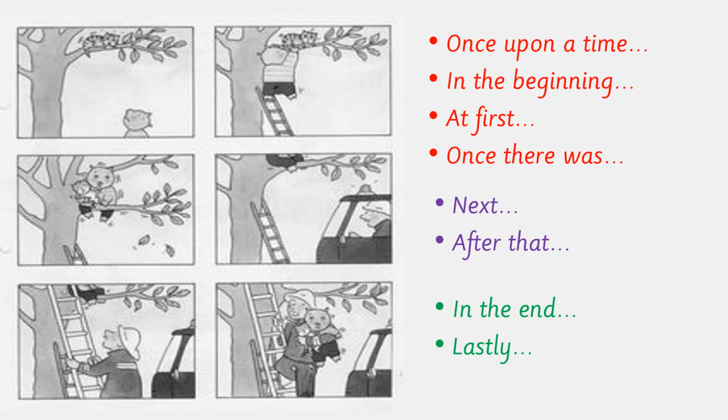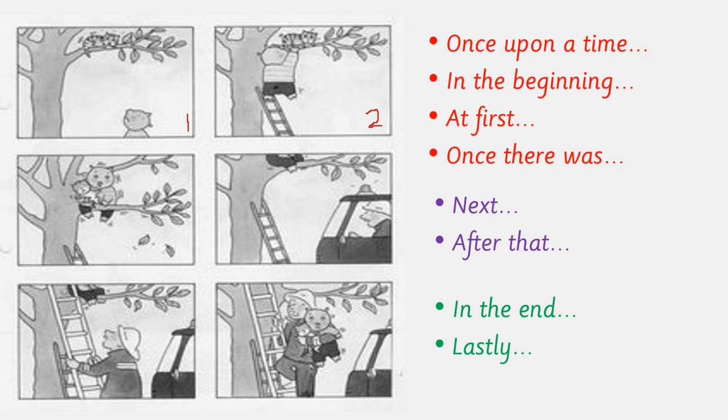Okay, so how can we unpack this? All right, so let's look at the writing in the red. The writing in the red is talking about the first 2 pictures. So that is how the story starts, picture 1 and picture 2. So focus on picture 1 and picture 2 and create your beginning part of your story. Okay, you can start with the words once upon a time, in the beginning, at first, once there was.